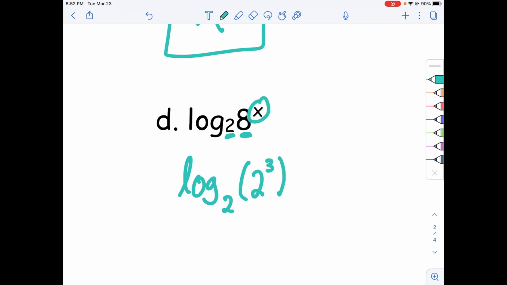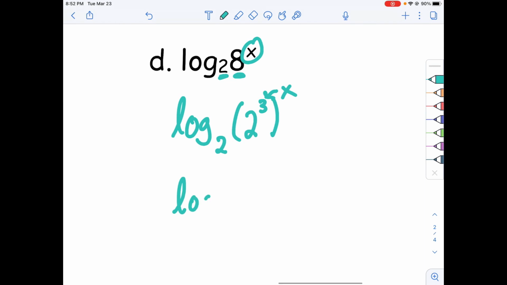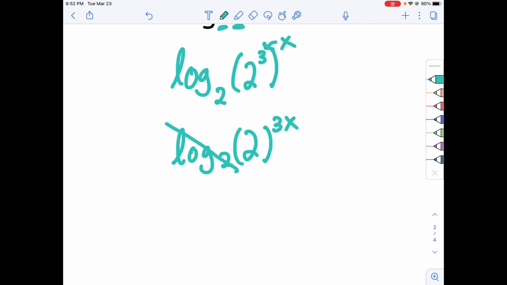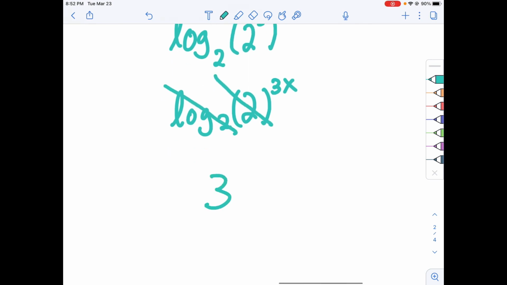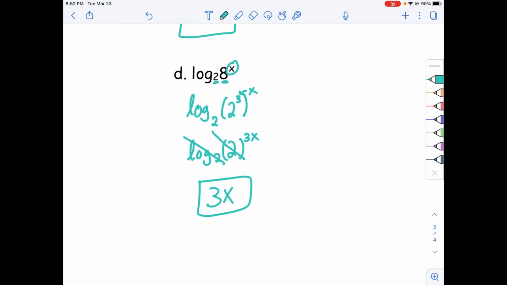So 2 to the third power, and then that whole thing is raised to the x. So we use our exponent properties. So this is log base 2 of 2 to the 3x. Log base 2 cancels with this 2, and you're just left with 3x.